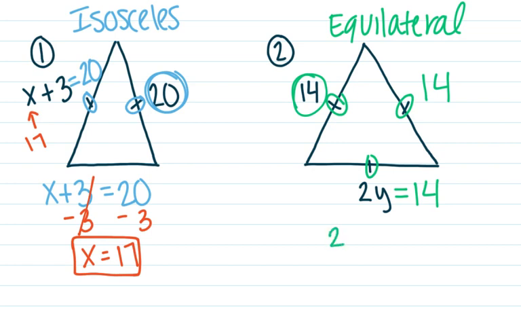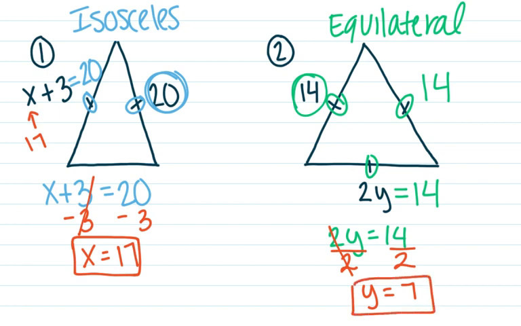When we write that, we have an equation to solve. What's happening to y? It is being multiplied by 2, so to undo that, I divide by 2 on both sides. These 2's are going to go away, leaving me y, and 14 divided by 2 is 7. So the missing piece of that side is a 7. This y right here should be a 7 because 2 times 7 will give me that 14 I need to make it equal to all the other sides.